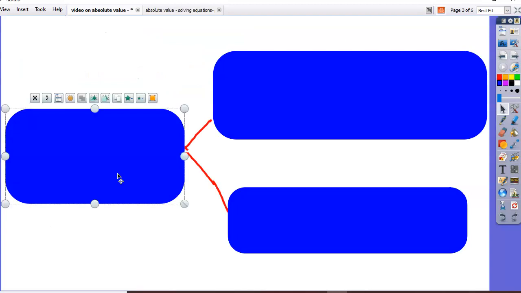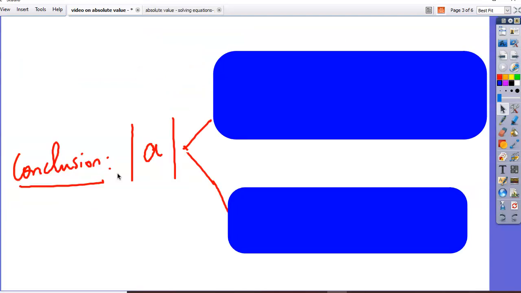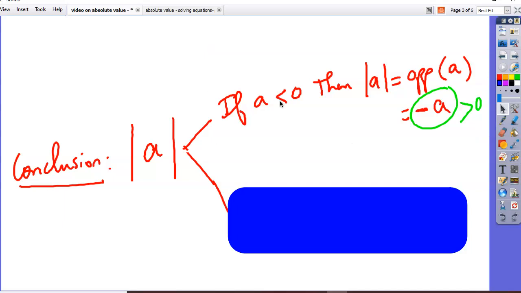Now let's conclude. If we want to find the absolute value of any number a, we have to look at the sign of a. If a is negative, then the absolute value of a will be the opposite of a, which is negative a. We know that the distance is positive, and because a is negative, the opposite of a will for sure be a positive value.